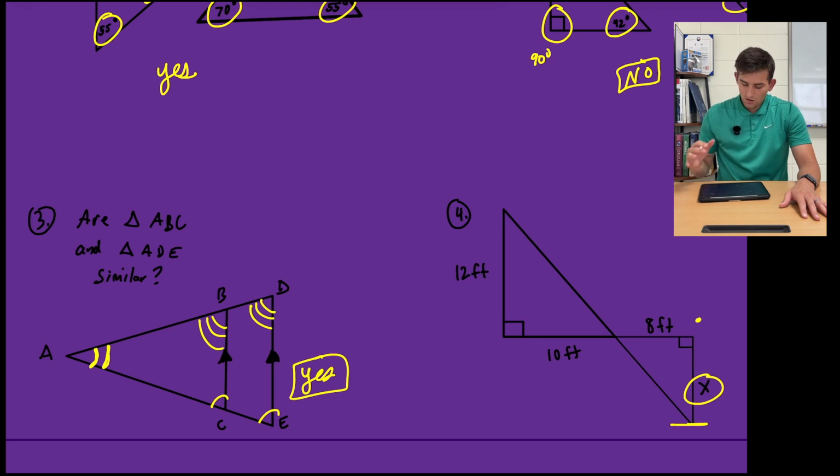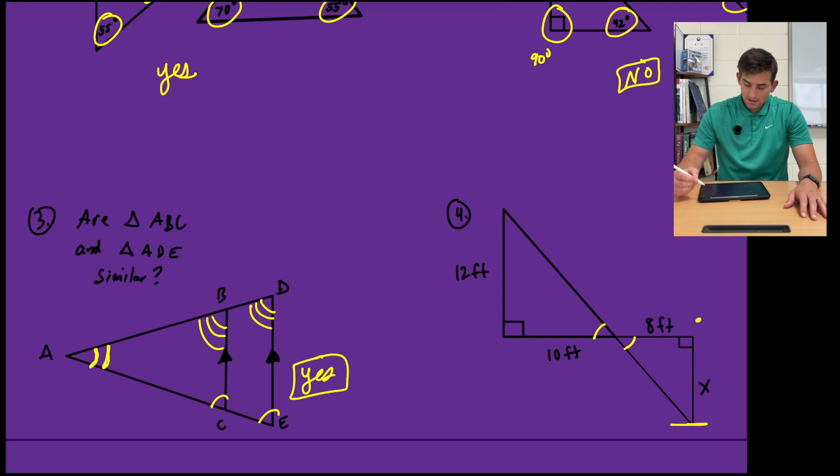Okay, so we have two similar triangles. Well, Mr. Roper, how do we know they're similar? We don't see any of the angle measures. Well, we see that we have two 90-degree angles, so there's two angles that are congruent. And then also these angles here are what are known as vertical angles, and those are congruent as well.